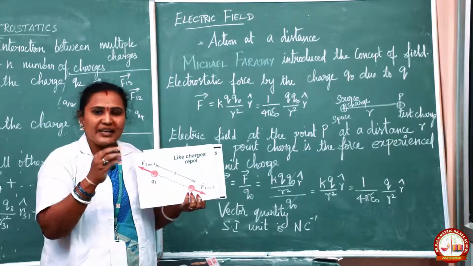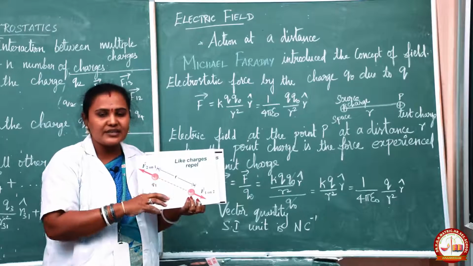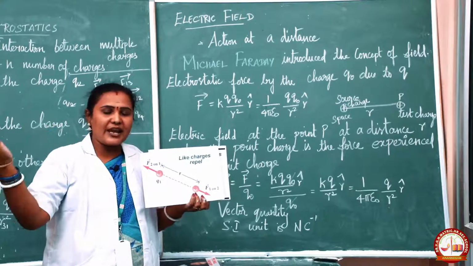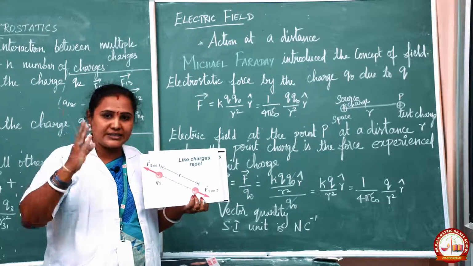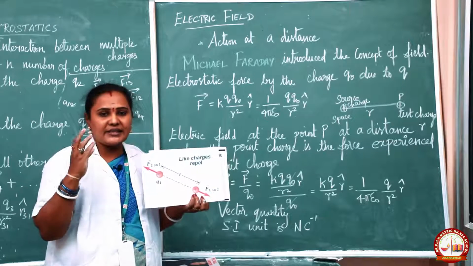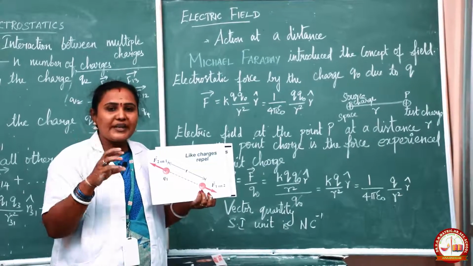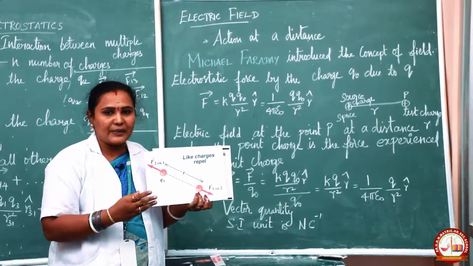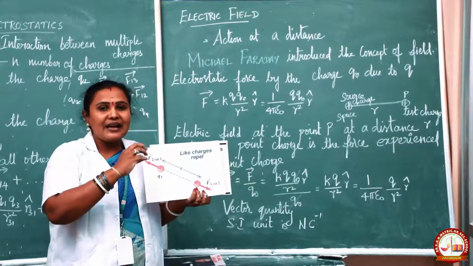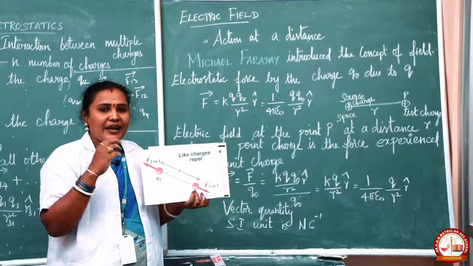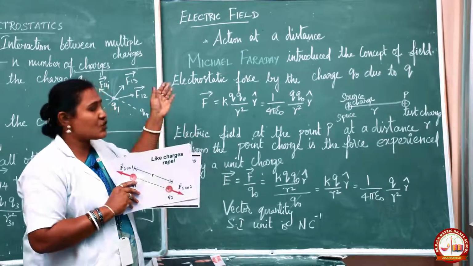So first we are placing one charge at one particular point, and we are bringing another charge and placing it at some particular distance. Even though we are placing it at a distance, there is a force of attraction, and depending upon the charge there is a force of repulsion. But this is happening at a distance, and that is about action at a distance.